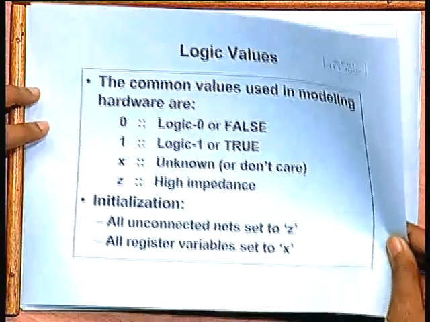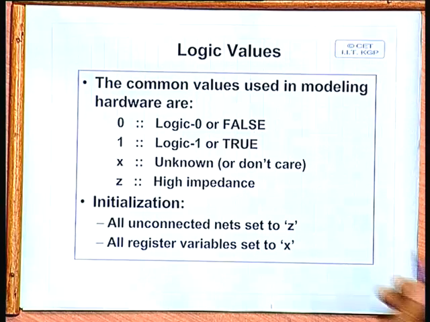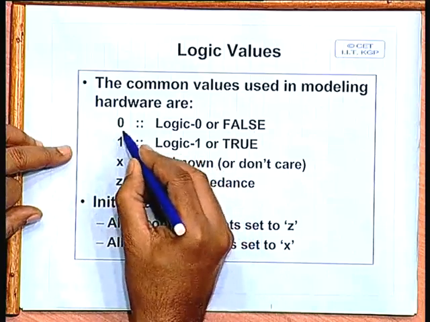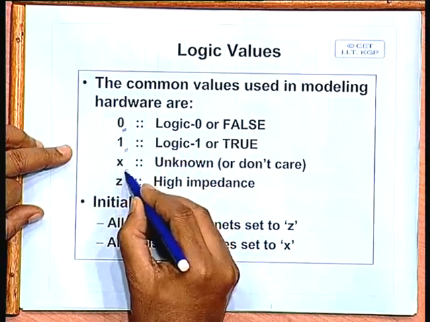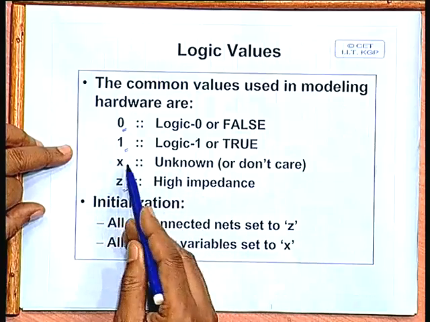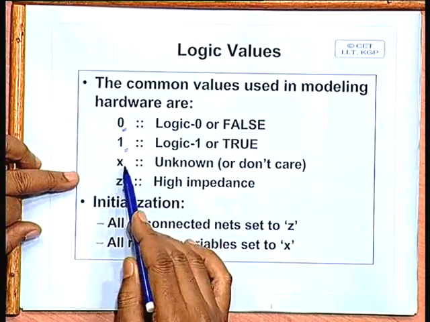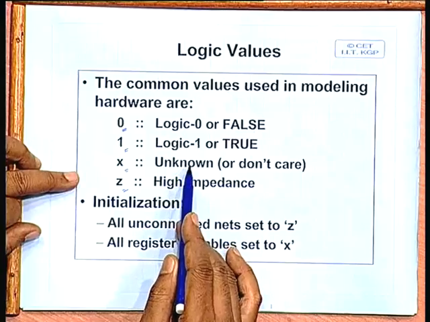Next, let us come to the different logic values that you can use in specifying for simulation or for synthesis. In Verilog, these 4 are the logic values which are used: 0 means logic 0, 1 means logic 1, x and z, where z means the high impedance state, and x is a state which is not known, an unknown state.